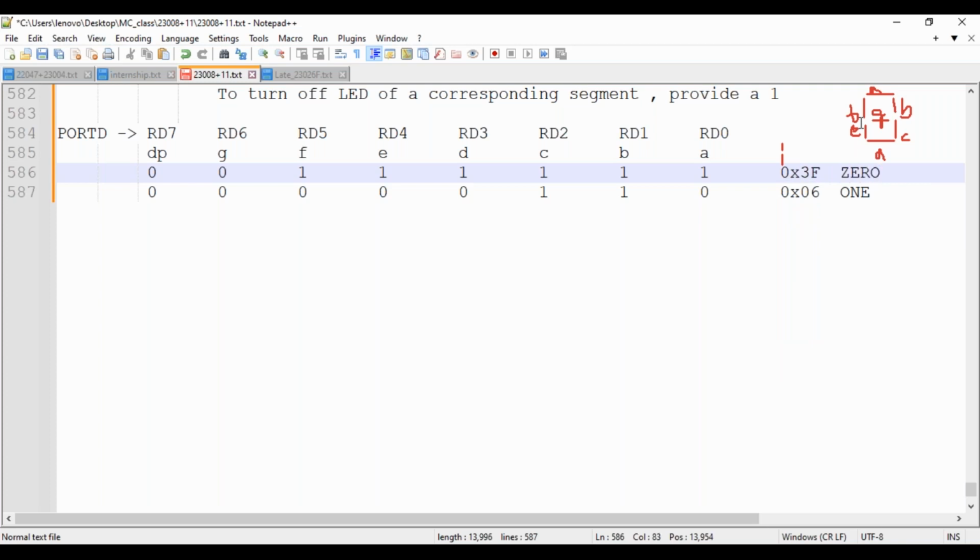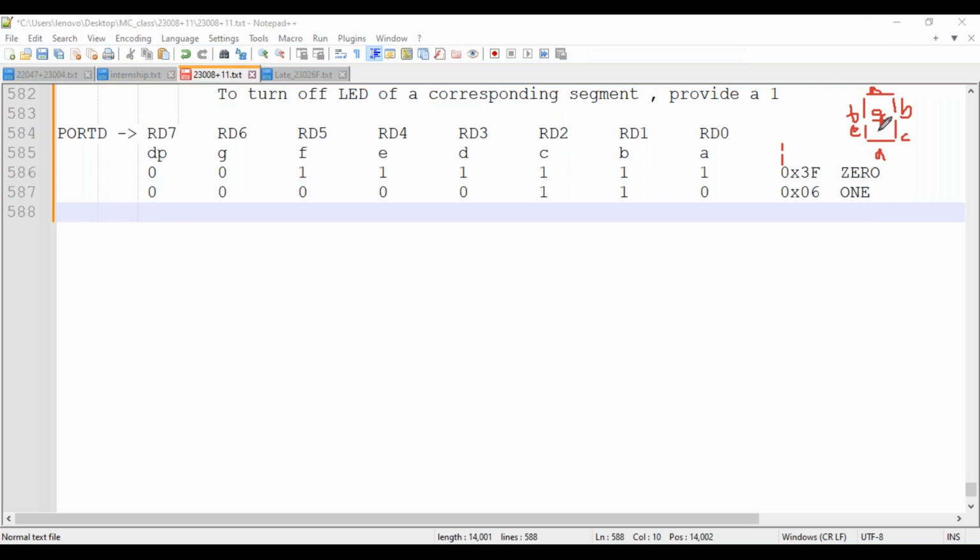Okay. Now like this, what is it for 2? So I'm making a table for our convenience in our program going ahead. So this is how I display a 2.